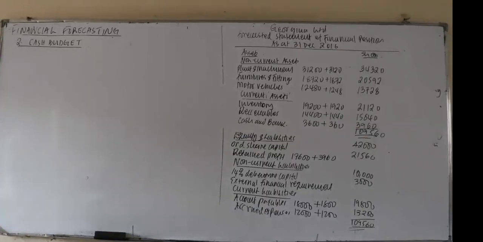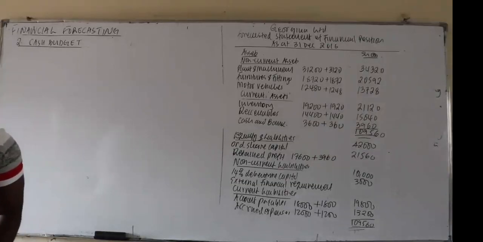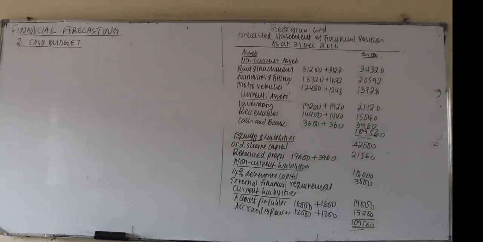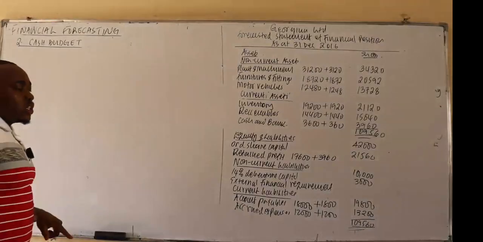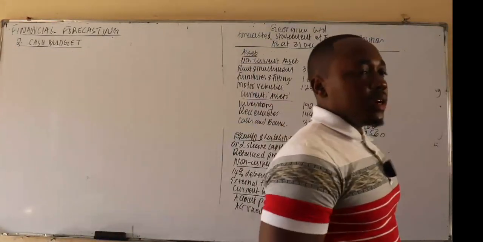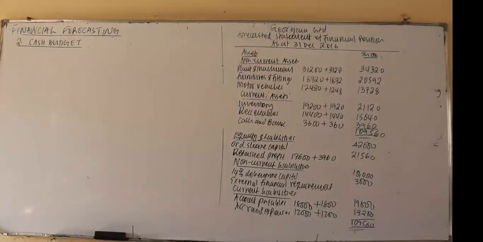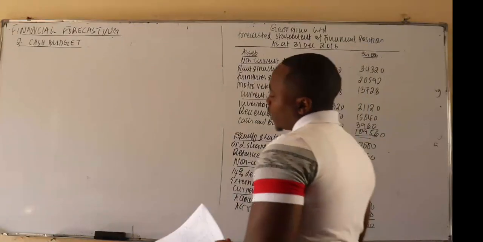Cash budget. This is a statement showing the sources of cash within a specified period, and how this cash will be utilized within the same period.